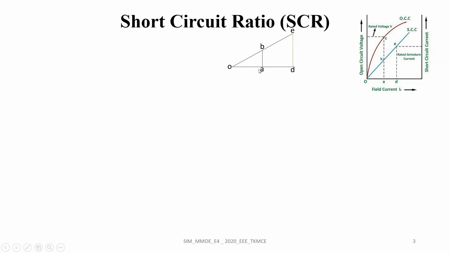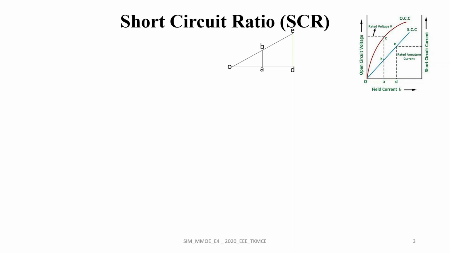When we are looking at this figure, it is clear that these two right angle triangles are similar triangles. The ratio OA by OD can be equated to the ratio AB by DE, because these two triangles are similar triangles.